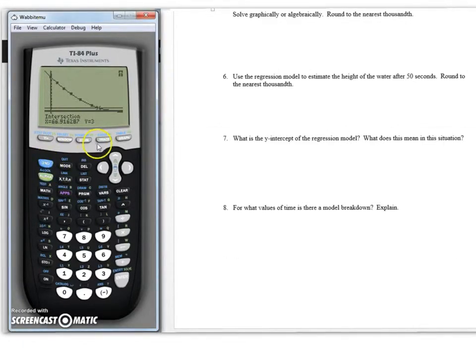We'll go to second, trace, and then hit value, number 1, and then just enter the x in, 50, and hit enter. And the calculator shows you what the answer is right away. So it's 7.292 inches. So we'll just write that down here. So the water level would be 7.292 inches.